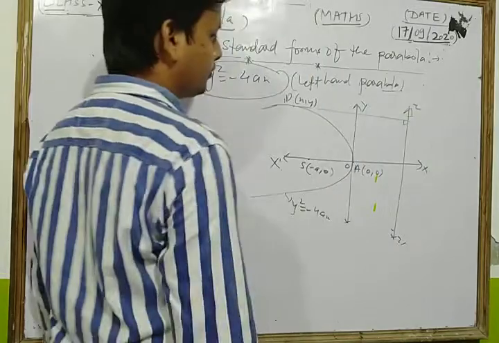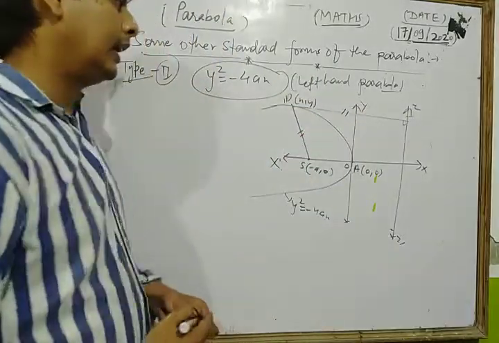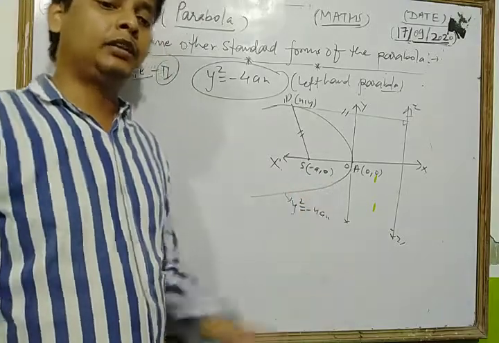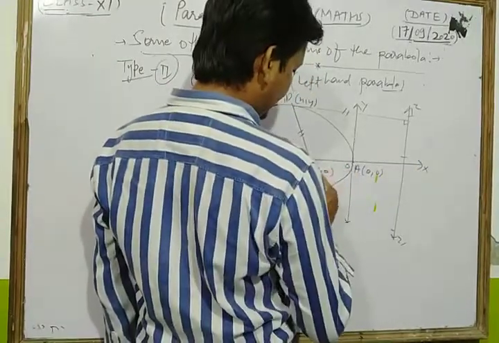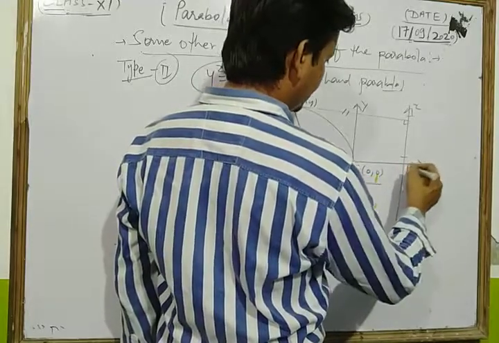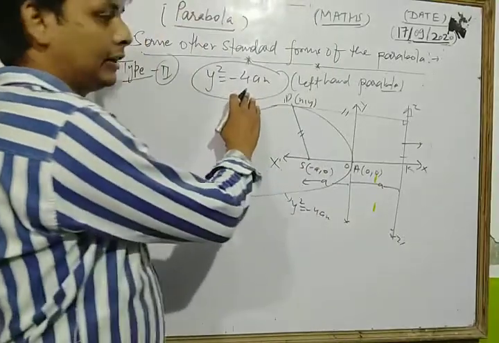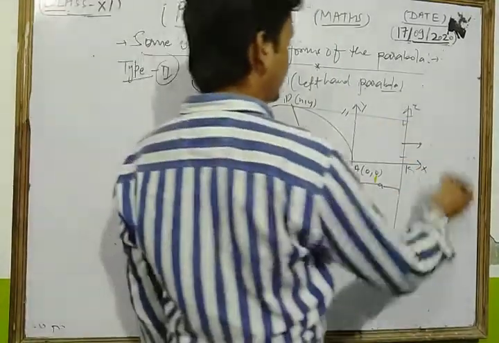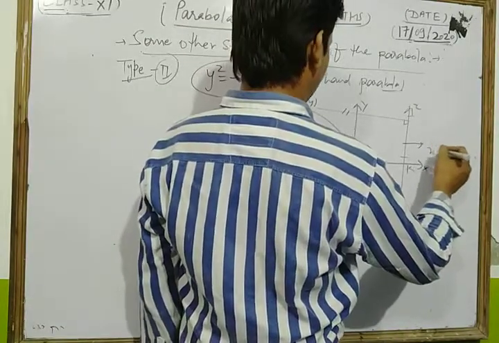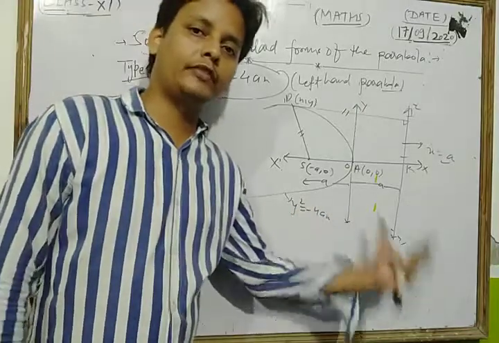This is the concept of the left hand parabola. The equation of the directrix of the left hand parabola y square is equal to minus 4ax is x is equal to plus a.